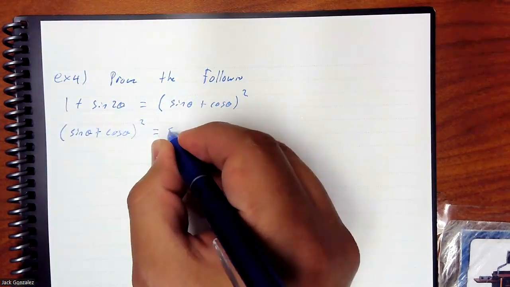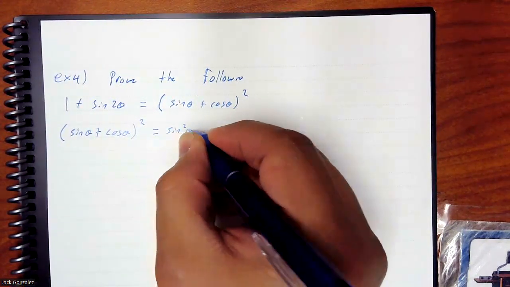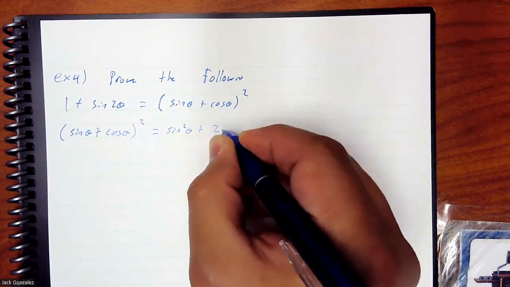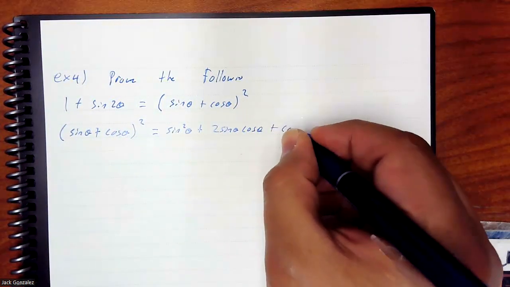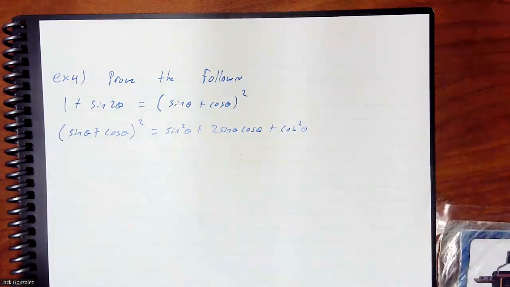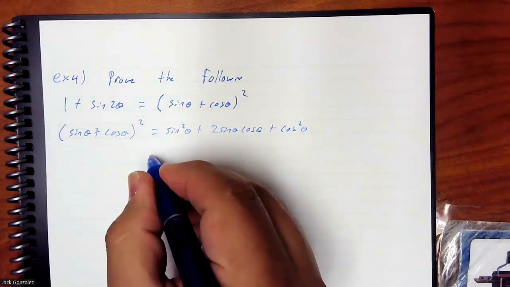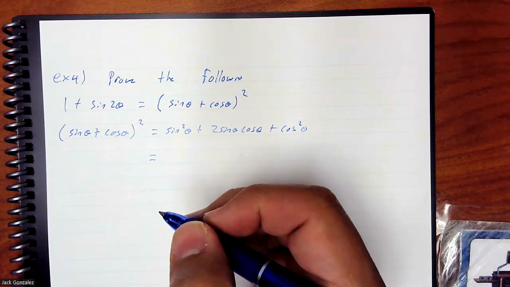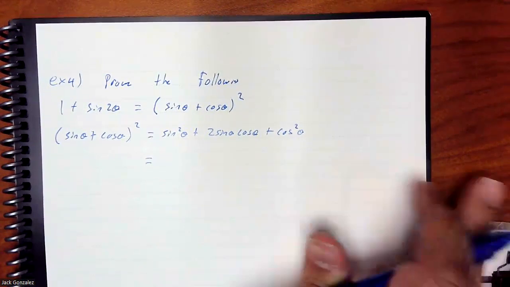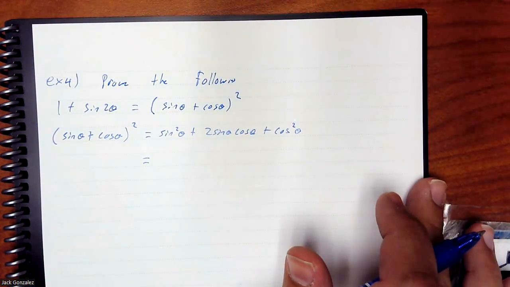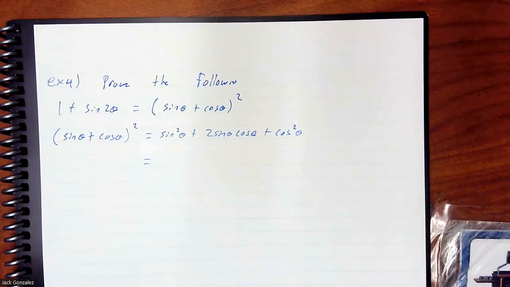So that'll become sine squared theta plus 2 sine theta cosine theta plus cosine squared theta. Okay. You guys cool with that distribution?